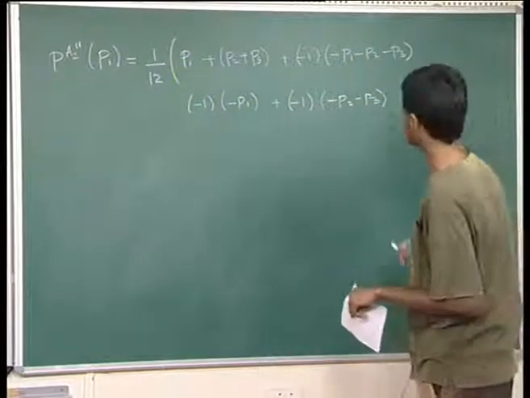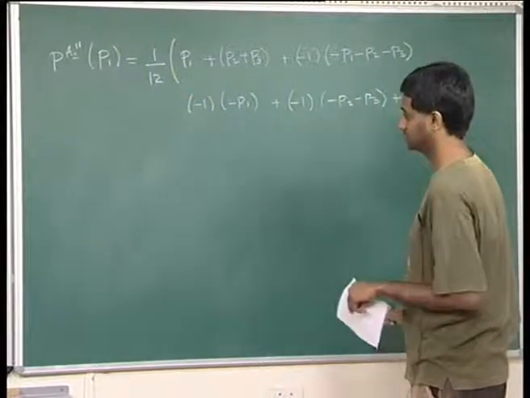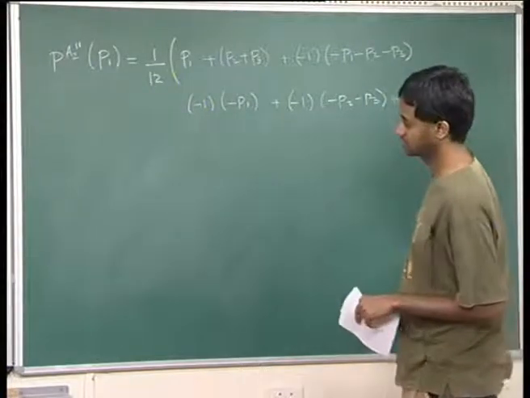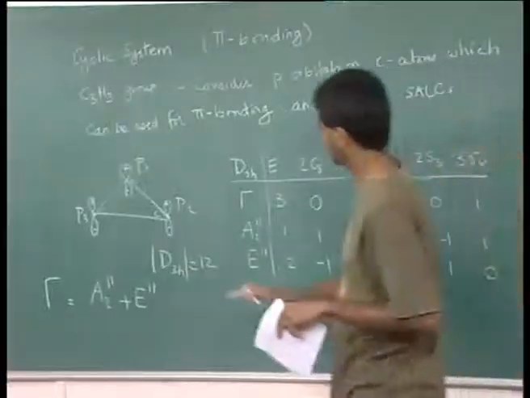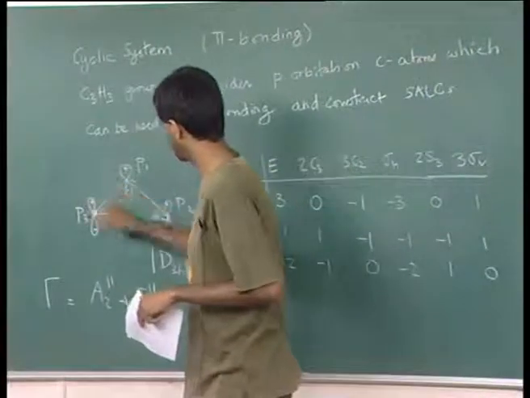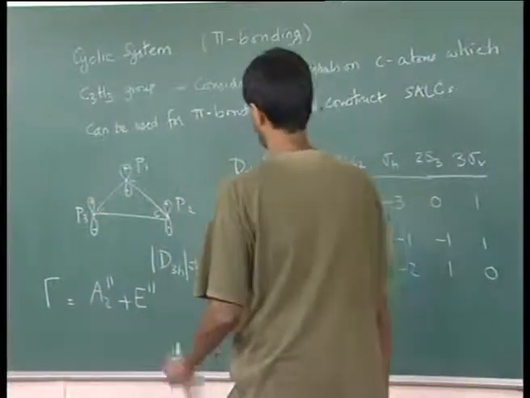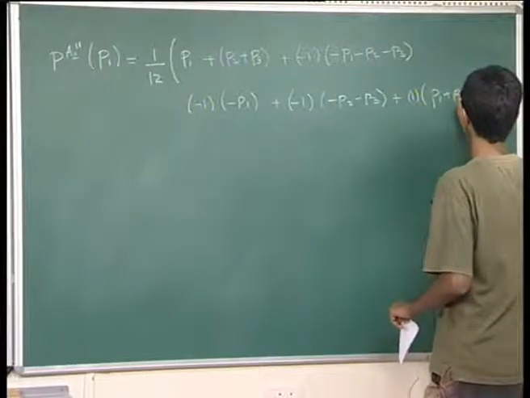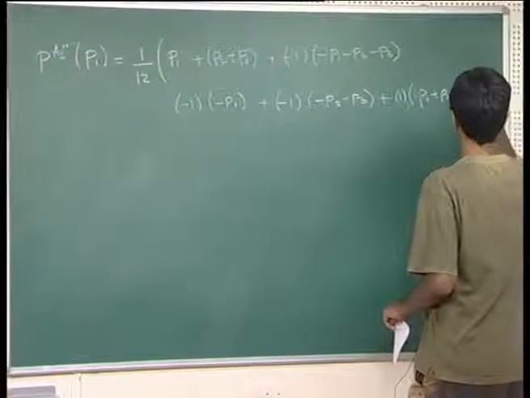And then finally, the 3 sigma v's. Sigma v's correspond to these planes. So, they will give you P1 plus P2 plus P3. Okay.